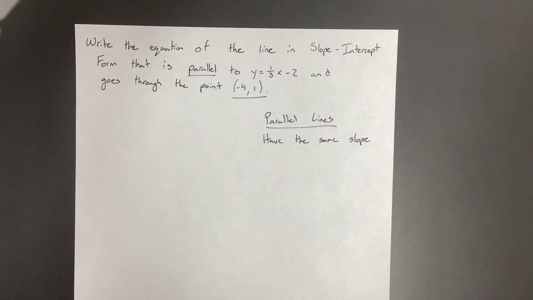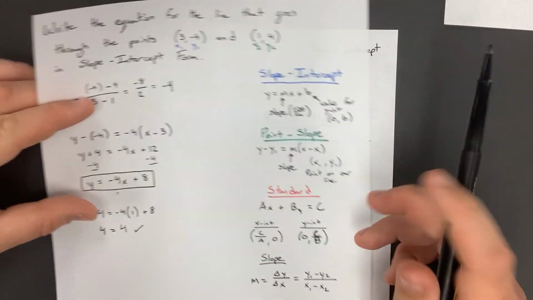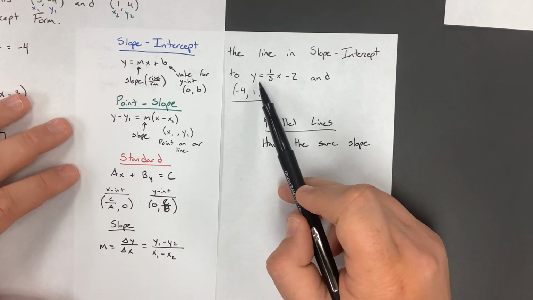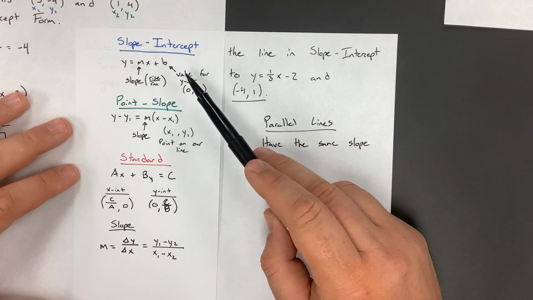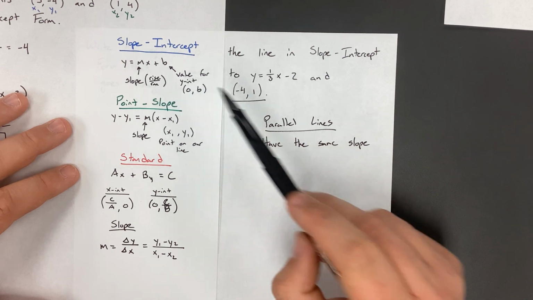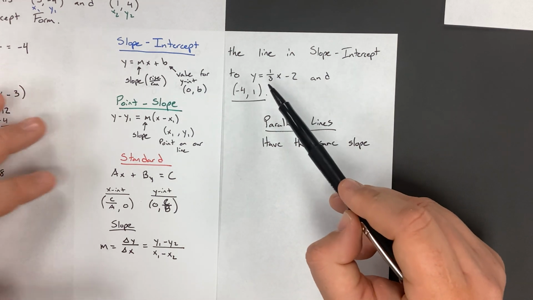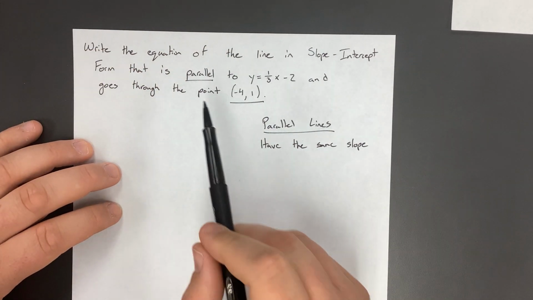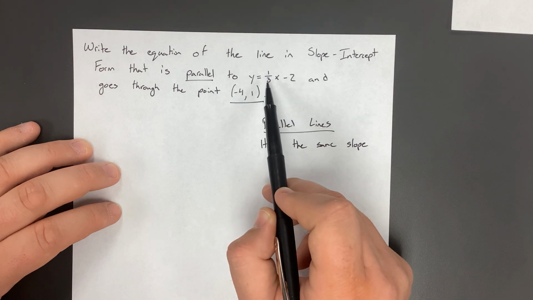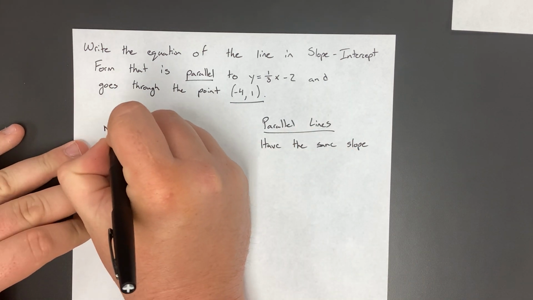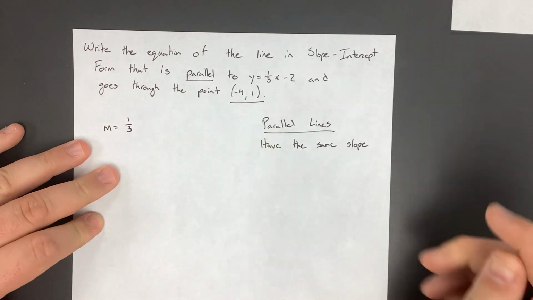If we go back and look at our different forms, we see that this equation is written in slope-intercept form, y equals mx plus b, and in place of the m for this equation is 1 over 3. Because our line has to be parallel to this one, if the slope of this line is 1/3, the slope of our new line has to be 1/3 as well.